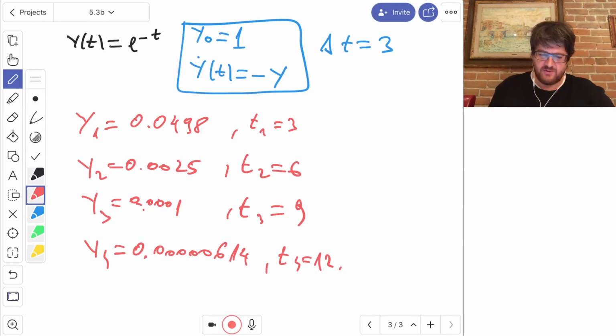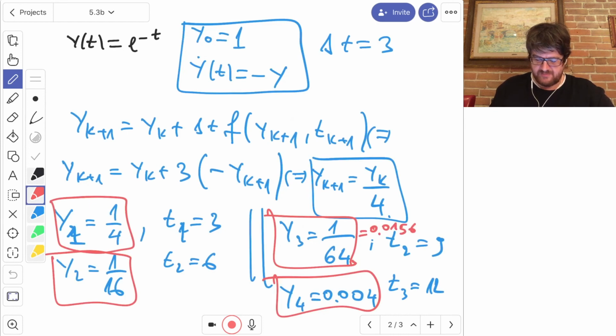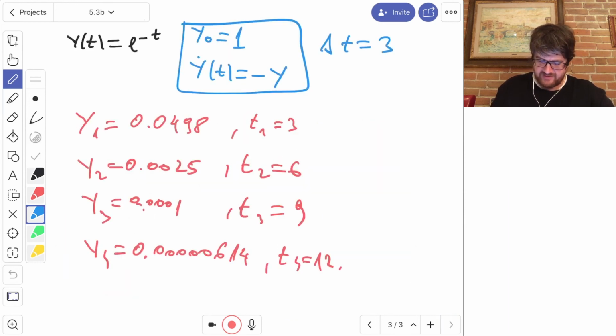So y1 is 0.0498. Let's see how it compares. I don't know why I didn't put the actual numbers here rather than the fractions. So y1 is 0.25 using the implicit method, and using the explicit method it is 0.049.